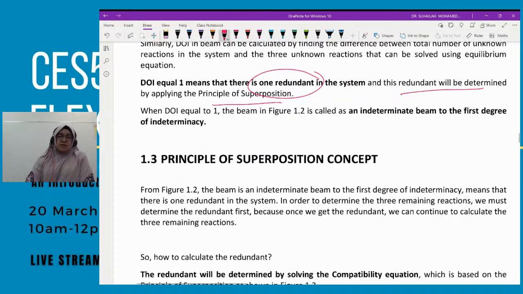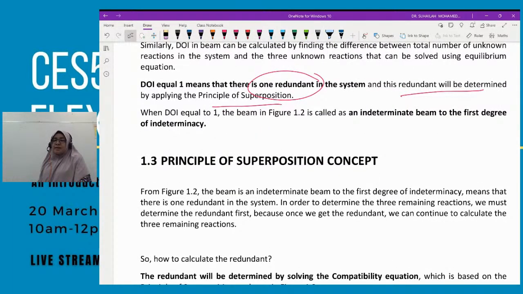When DOI is equal to 1, the beam in the figure is called an indeterminate beam to the first degree of indeterminacy.